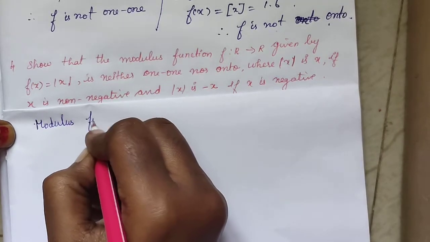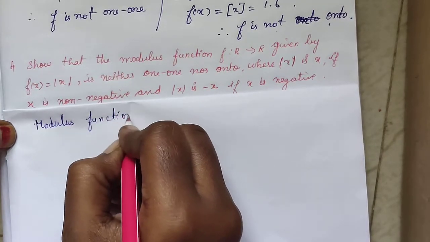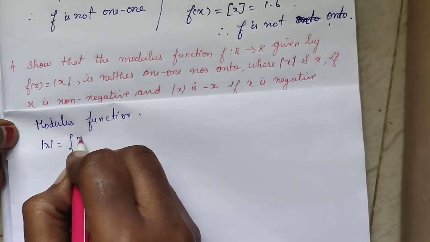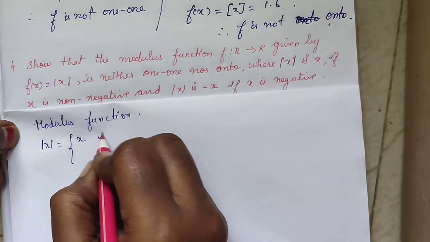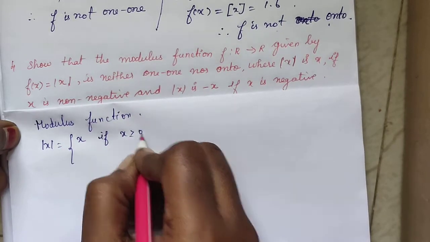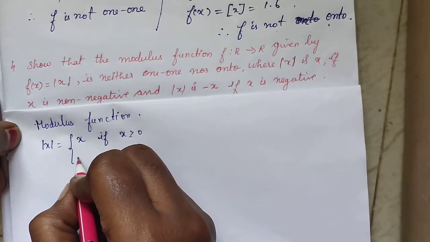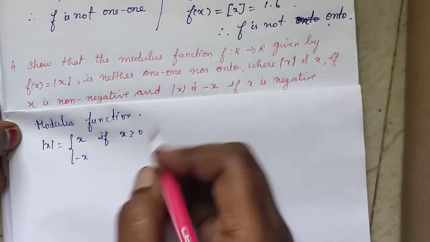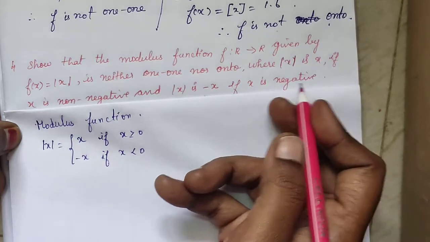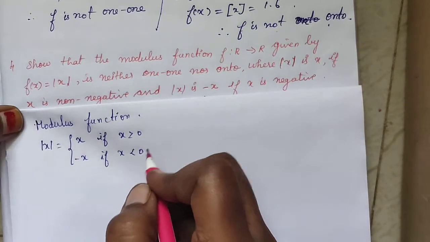The modulus function is given as mod x is equal to x if x is greater than or equal to 0, and it is minus x if x is less than 0, that is negative. X less than 0 means a negative number.